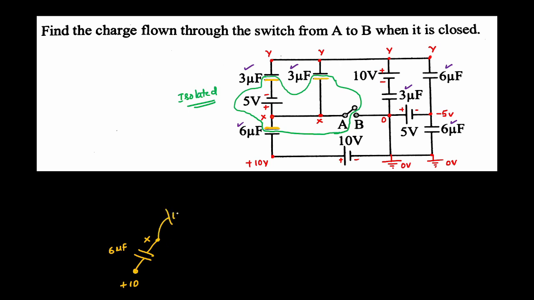One is like this with a cell where we have 5 volts. Then we have a 3 microfarad capacitor, and that point is Y. There is one more channel which can lead us to the same node. That is 3 microfarad in the other branch, and from there we are going to this point.